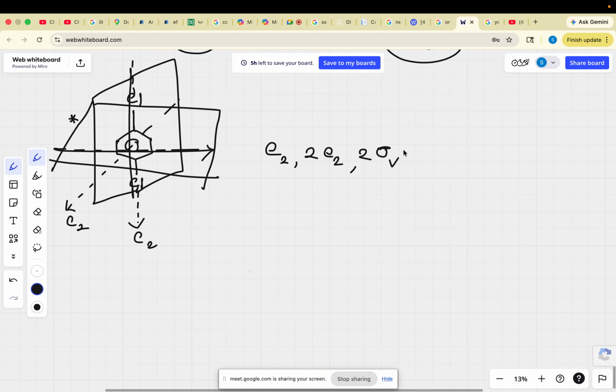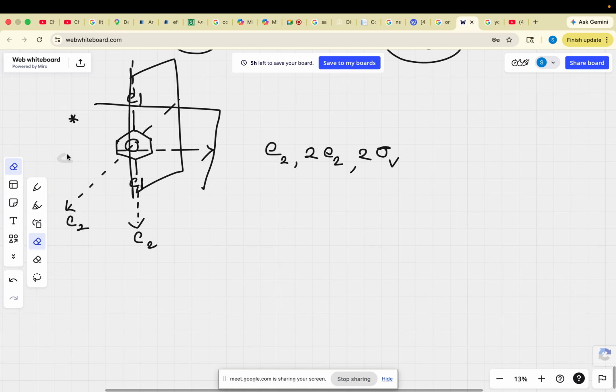Now the question comes for sigma h. Is sigma h present here or not? This is your C2 axis.